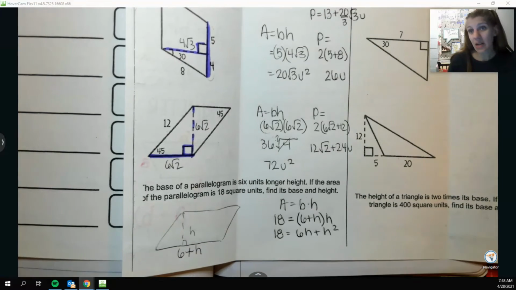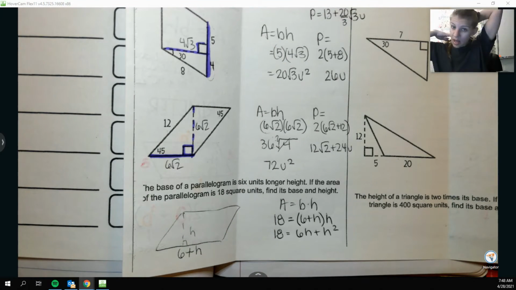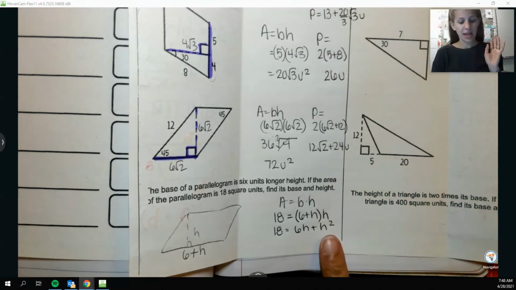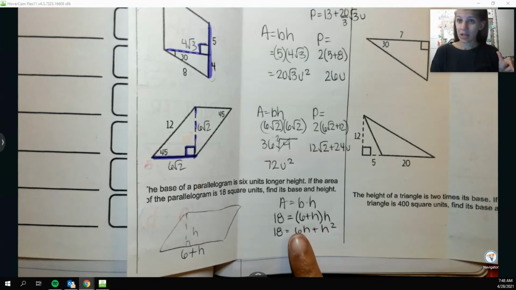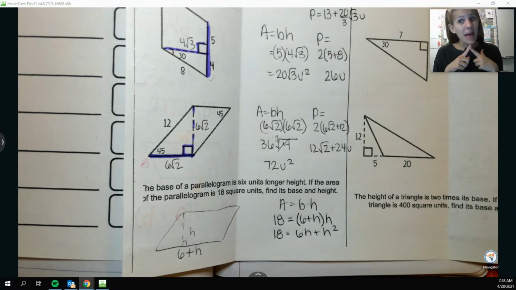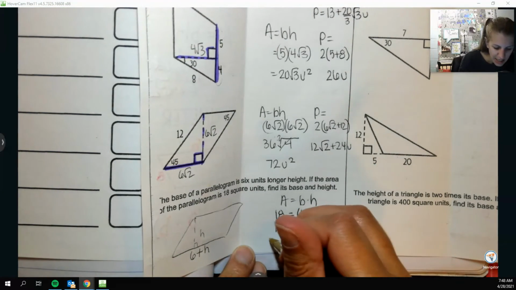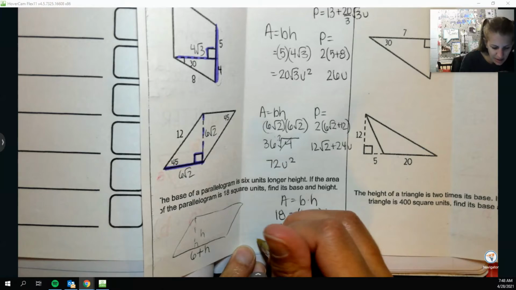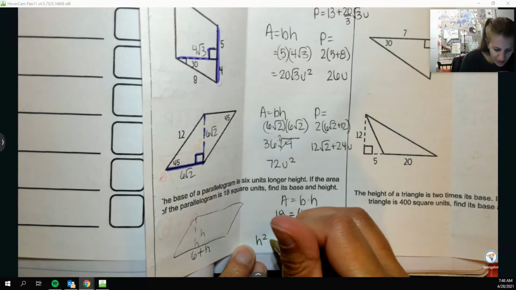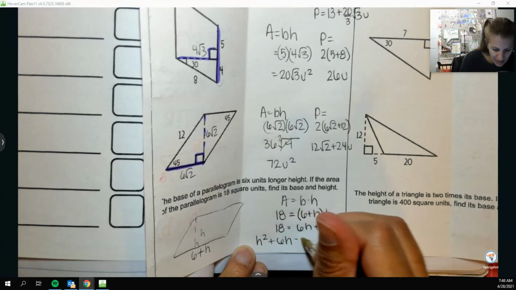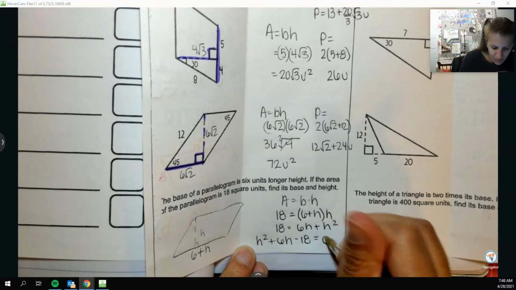Now this is something that we talked about a little while ago, where if I had a variable squared and non-squared, they're not like terms, so I can't combine them. And so the way that we solve is we need to set it equal to 0 and factor. So I would subtract the 18, and if I rewrite this in a better order, H squared plus 6H minus 18.